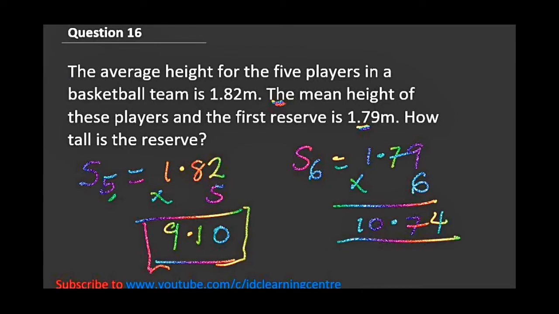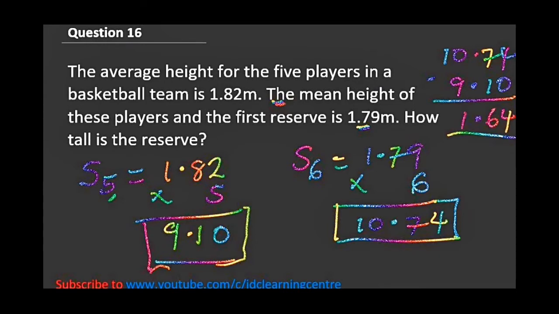Now this is their total height, the 5 of them plus the reserve. So to get the reserve, you subtract 10.74 minus 9.10. So the reserve is 1.64 meters. That's the height, and that's the answer.